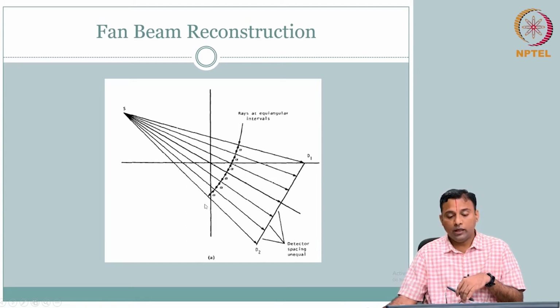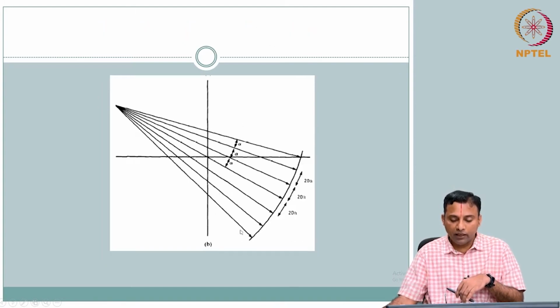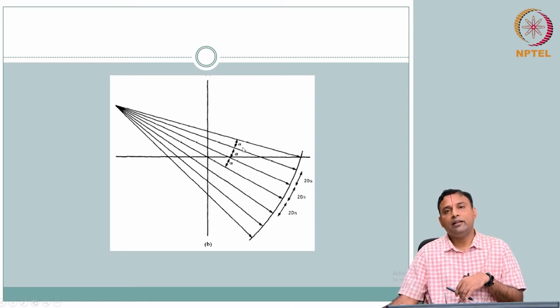Then you might say, no, I don't care about this, I want my L direction, I want an evenly spaced detector. If that is happening, then maybe your angles will be different, okay? Or if this is not a line, if it is going to be a curve, then we have a better situation where I could have a constant angle and a constant spacing. So we will take a simple case where we have a constant angle, in this configuration.